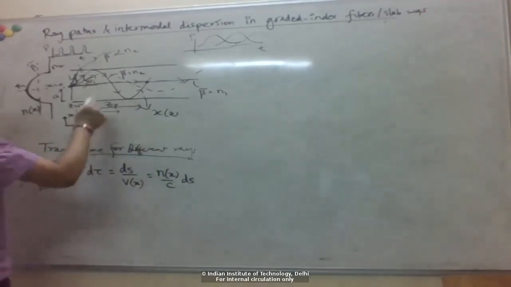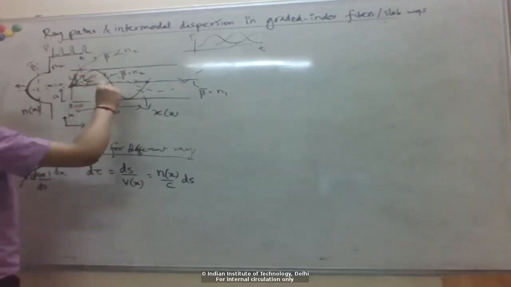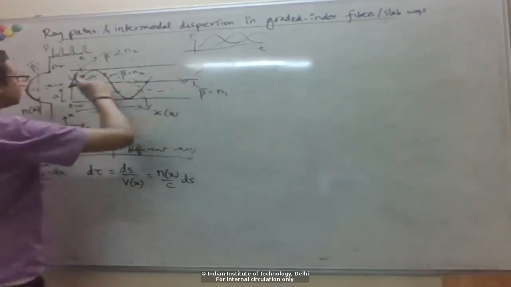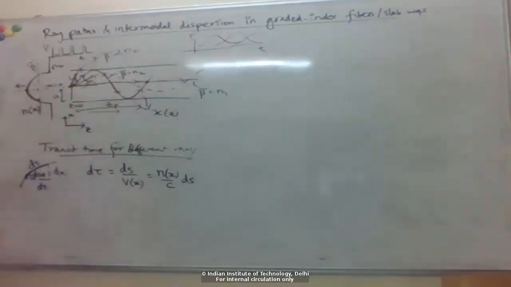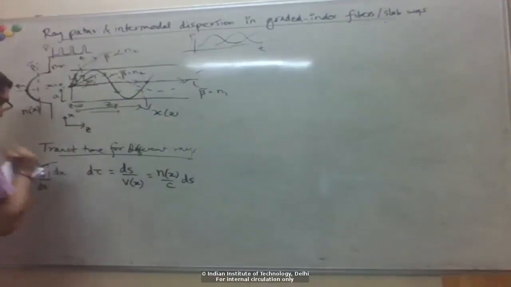Okay. And so we see that the ray paths are periodic functions, so they repeat after some period. So let's calculate the time taken to cover one period.